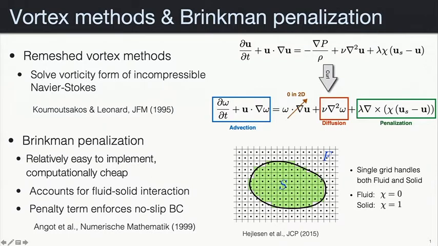Yes. Because you have not imposed anything, right? So after you solve this advection, diffusion, and pressure projection, the velocity inside will not match that of the solid, right? It's expected. It's another intermediate velocity.